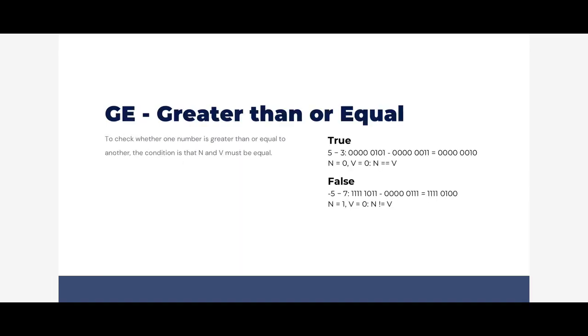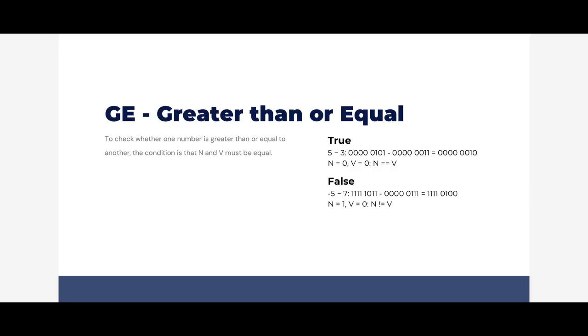In this case, to tell whether the greater than or equal condition is true or false, we have to check two flags, negative and overflow flags. If both of them are equal, we can say that the condition is true, otherwise it's false. For example, for the true condition, I have chosen 5 and 3 as comparison integers.